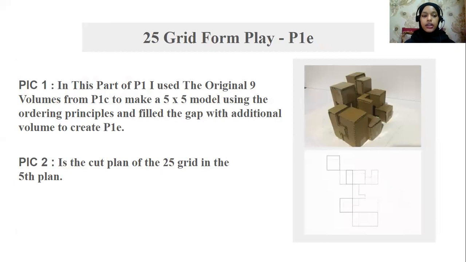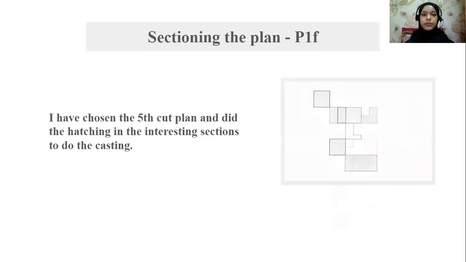Then I created the 5x5 model using the ordering principles, and filled the gap with an additional volume to create project 1E. The picture of the drawing is the cut plan of the 25 grid, and I chose the 5th plan to put in this slide.